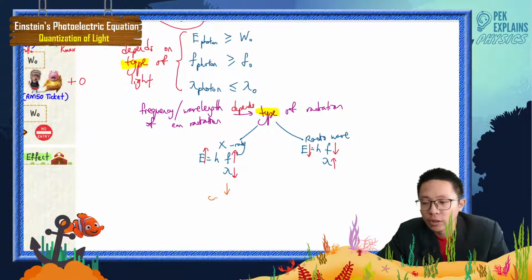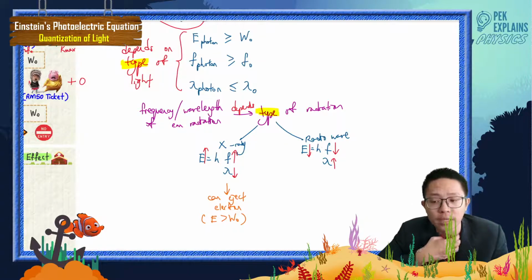So it is not surprising that X-rays normally can eject electrons, because they have energy more than the work function. It also depends on the type of metal.